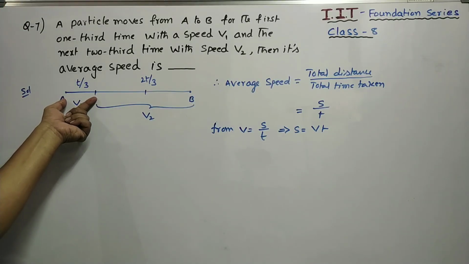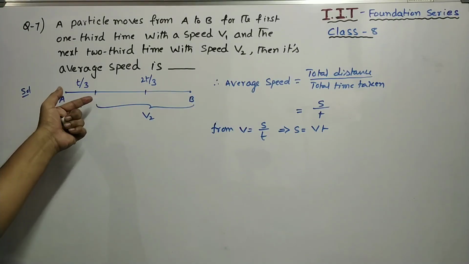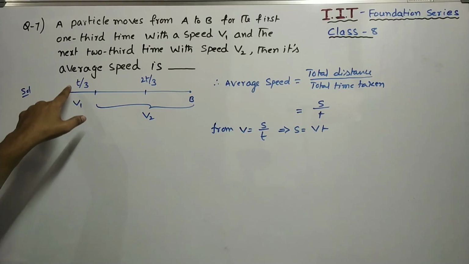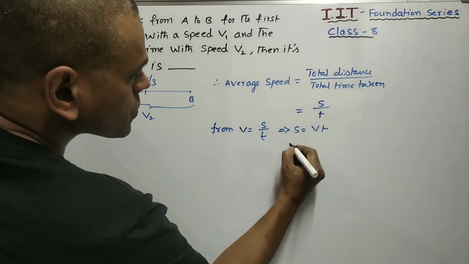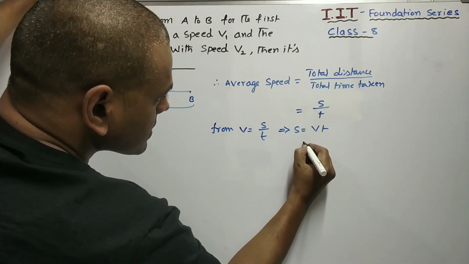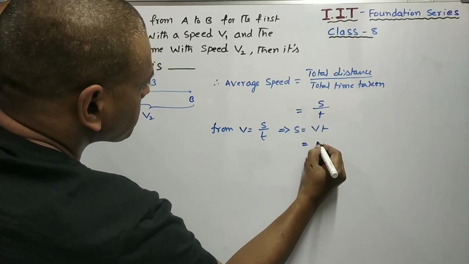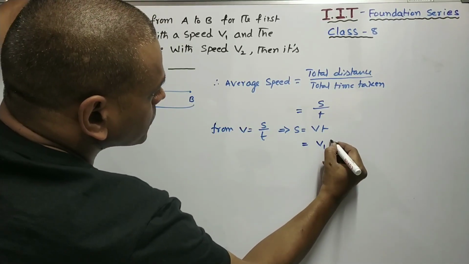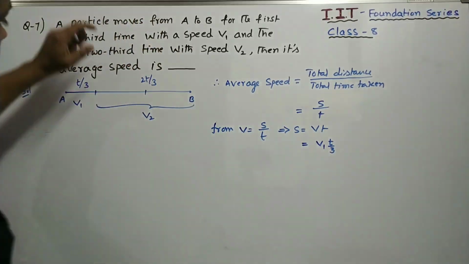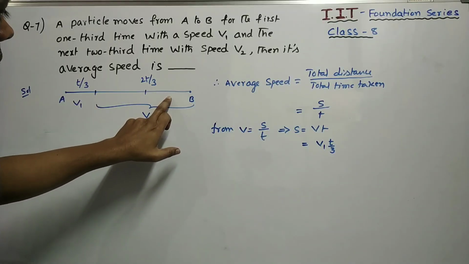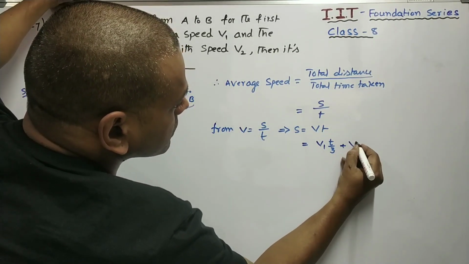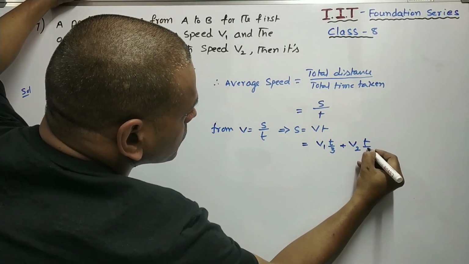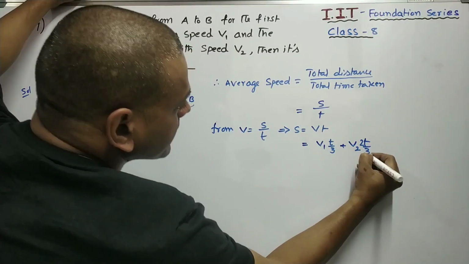So this first 1/3 distance is covered with the speed v1 in time t by 3. So the first part is nothing but velocity v1 into t by 3. The rest 2/3 distance is covered with the speed v2 into time 2t by 3.